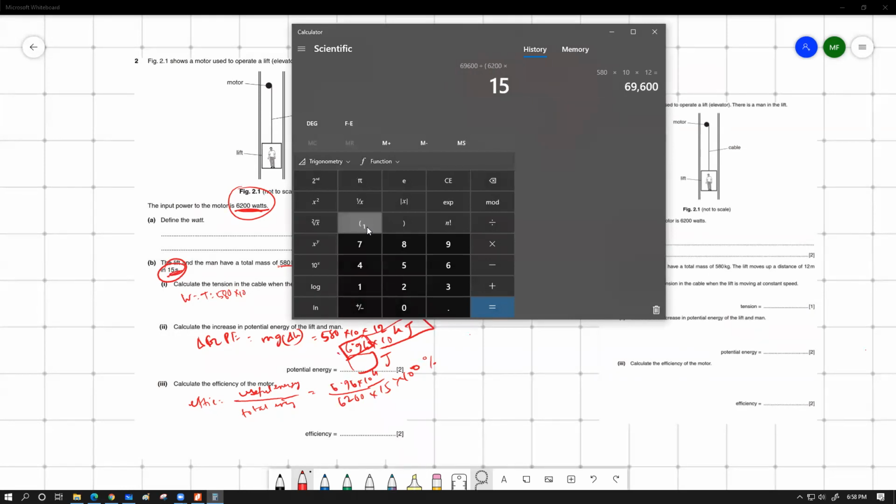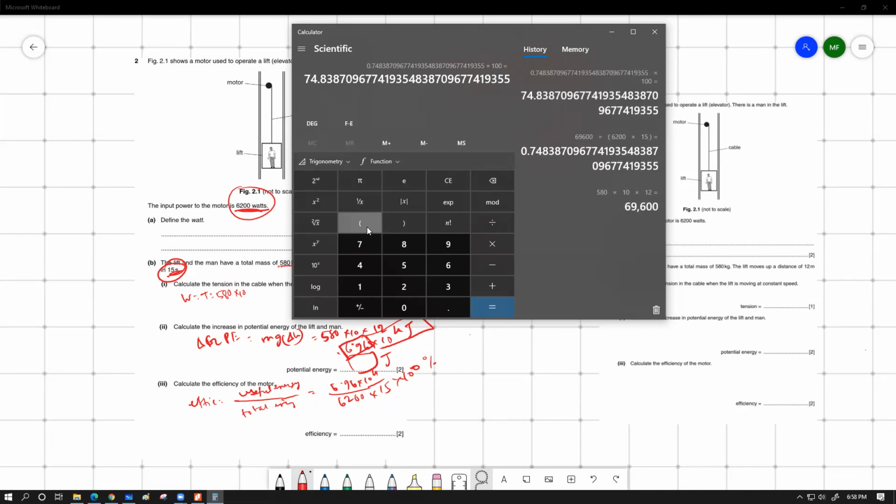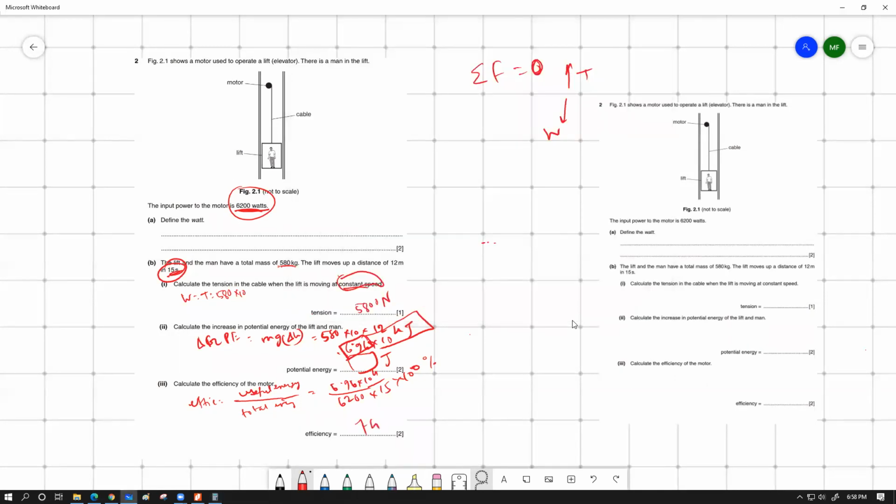Why didn't the bracket close? Okay. So we got that value. So we're going to multiply by 100%. So I'm just going to multiply by 100 to get the number. So the efficiency would be 74.88.